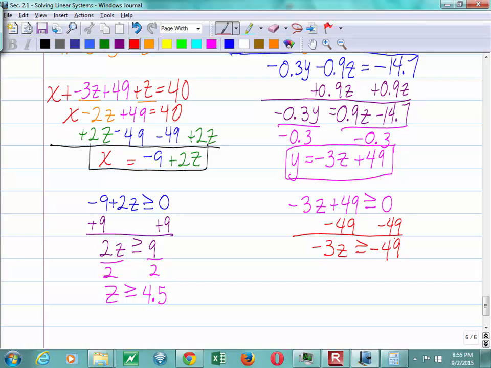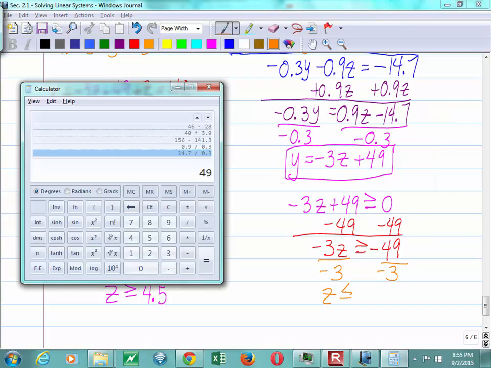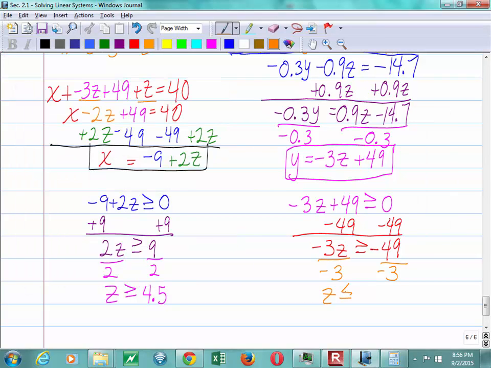Okay, and then I'm going to divide both sides by negative 3. So when I divide an inequality by a negative number, I have to flip the inequality. So I'm going to change it from greater than or equal to less than or equal to. So 49 divided by 3 is about 16.3.